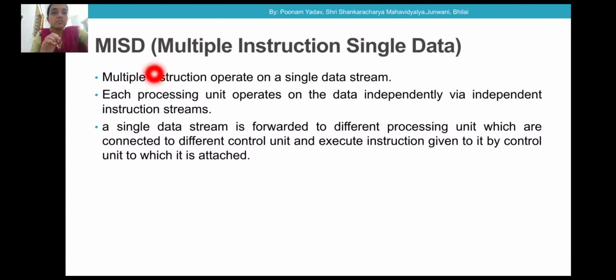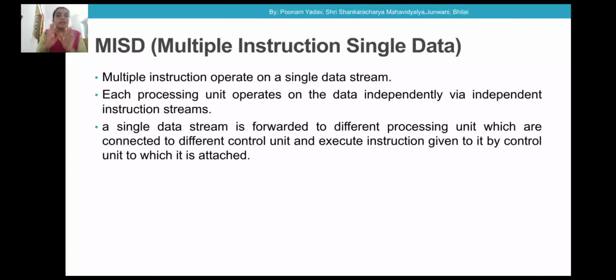Each processing unit operates on the data independently via an independent instruction stream. A single data stream is forwarded to different processing units which are connected to different control units, and each executes the instruction given to it by the control unit to which it is attached.